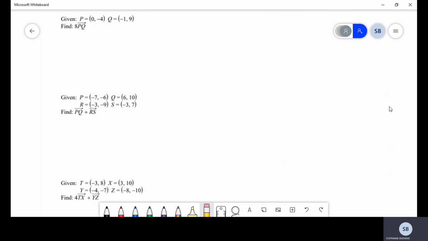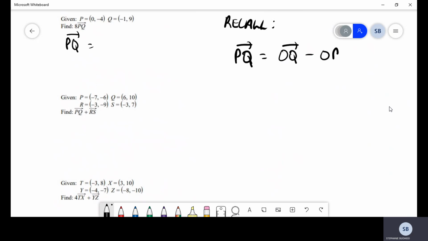So first question, they have given us coordinates, and they're asking us to find 8PQ. Before we find 8PQ, let's begin to find PQ. Now, recall that the vector PQ, from what we just previously learned, will break up into OQ subtract OP.